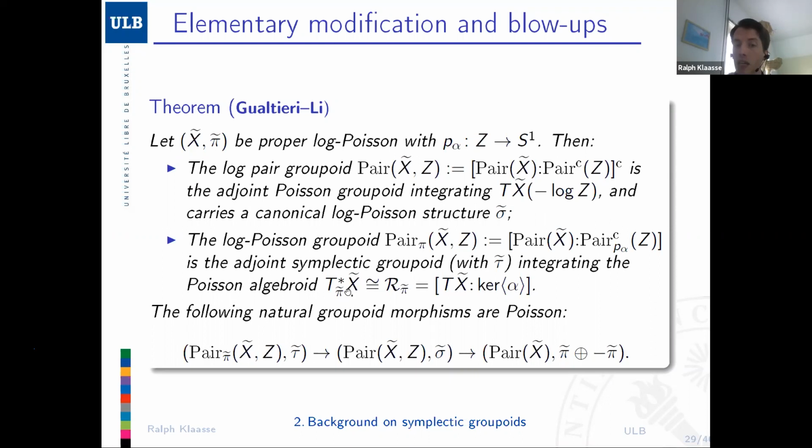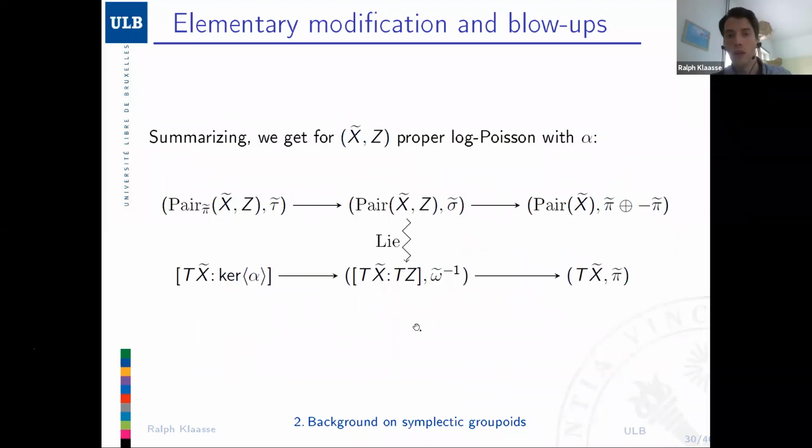And that turns out to be T star. So you have, via this procedure, created an adjoint integration of T star, and it will in fact be symplectic. So out of the result, you get this. Okay, so I think I have one nice slide over here, which sort of summarizes what's going on.